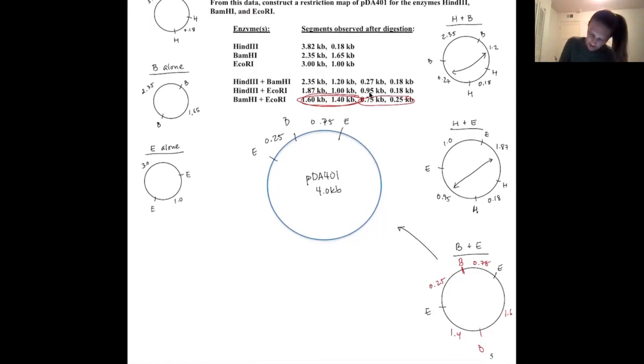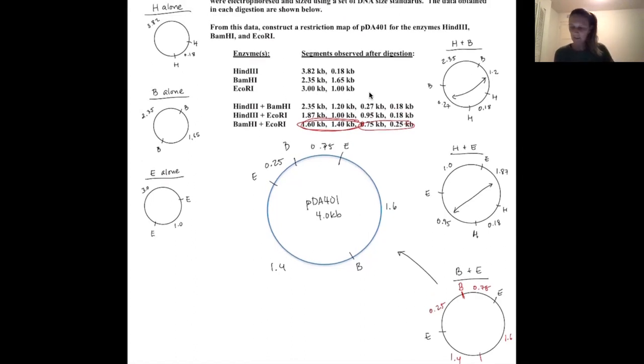And then we had a BAM over here somewhere with our 1.4 and 1.6. I think that's correct, right? And now our job is to figure out where we can put our Hindi, right? So where can we add in our 2 Hindi sites, okay? And this is where it gets a little bit tricky, all right?